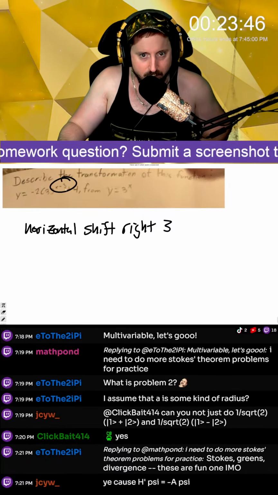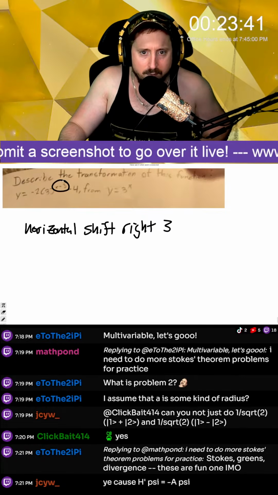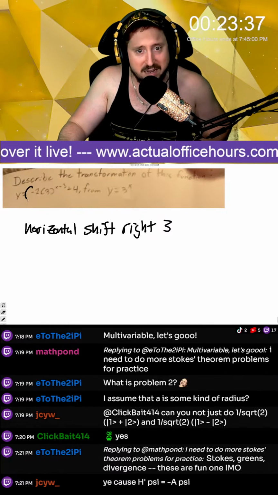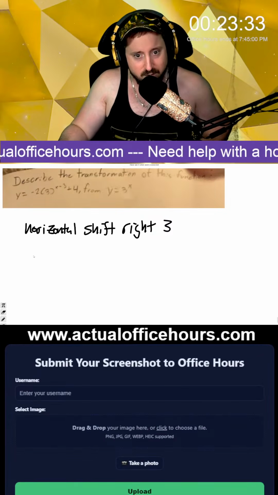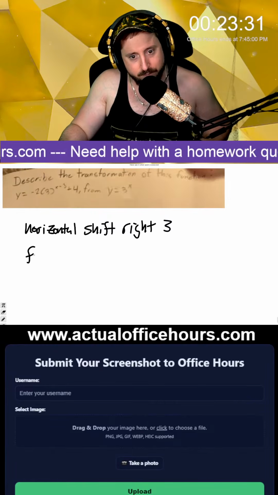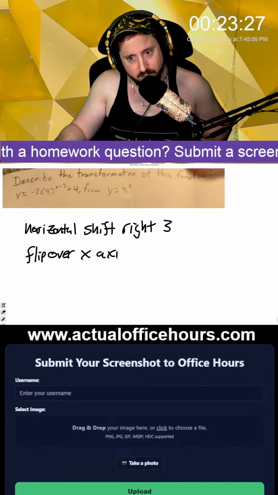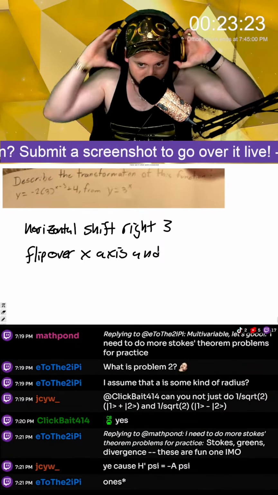That's this. Okay. All right, and then what's happening is the negative is flipping, and it's also stretching. So you could say flip over the x-axis and stretch vertically.